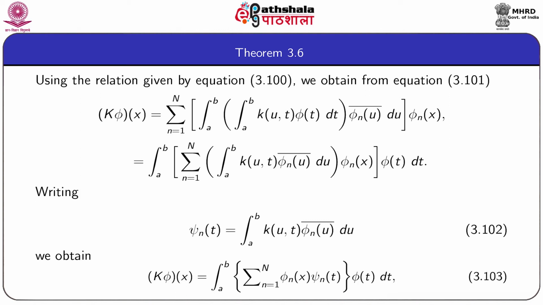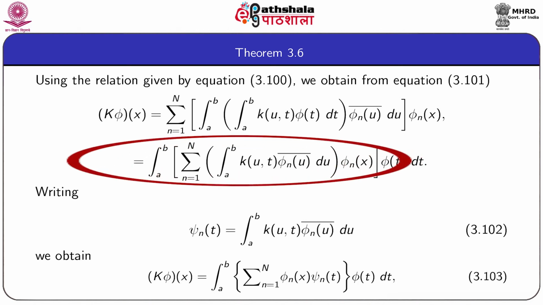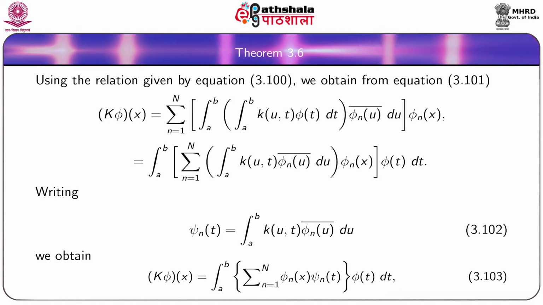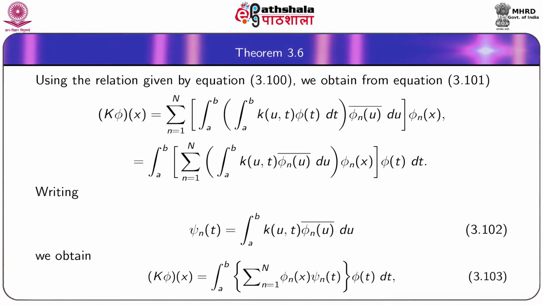This can be rearranged so that we get K phi(x) equal to the integral a to b, the summation goes inside, summation n equal to 1 to N into the integral a to b of k(u,t) phi n bar(u) du into phi n(x), whole thing multiplied by phi(t) dt.